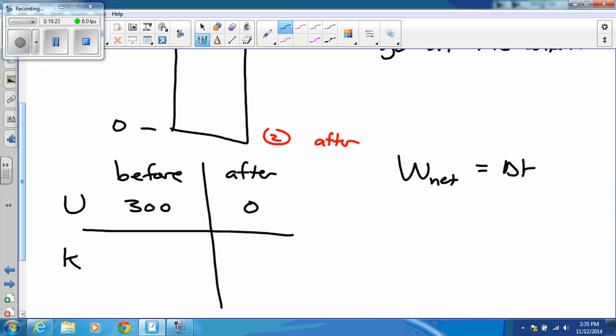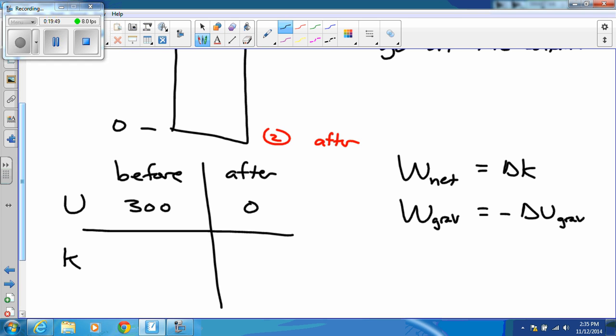We know from the work energy theorem that the net work done on the object is equal to its change in kinetic energy, right? And we also know from the definition of potential energy that the work done by gravity is equal but opposite to its change in potential energy.